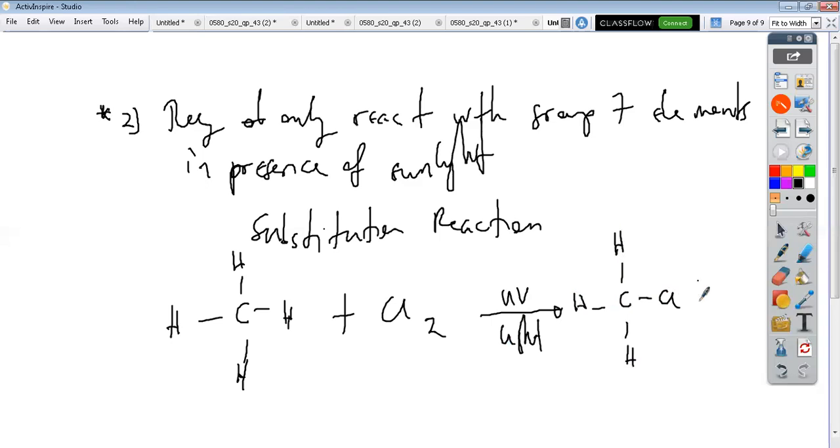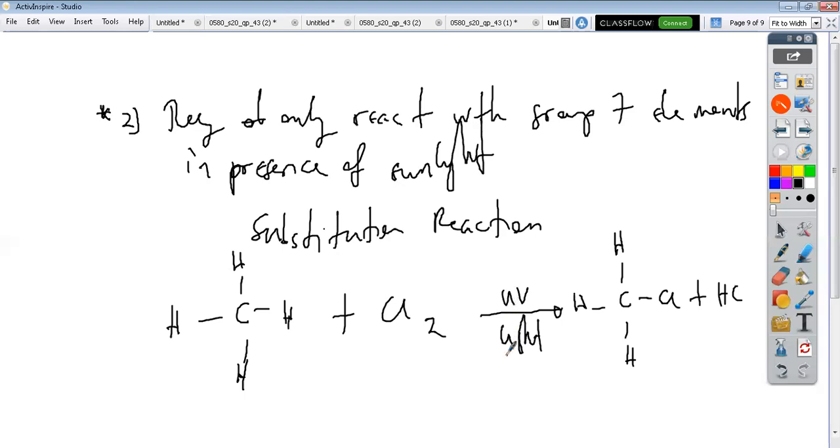Sorry, sir, please could you explain that again? Okay. I said they are very stable, they don't easily react. So if you want to react these alkanes with group 7, you react them with chlorine in the presence of UV light.